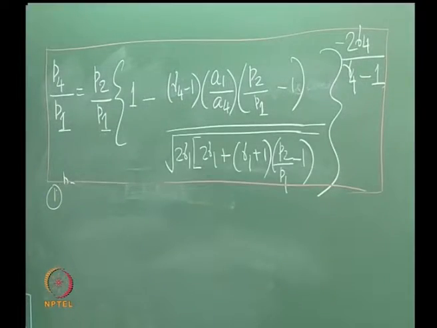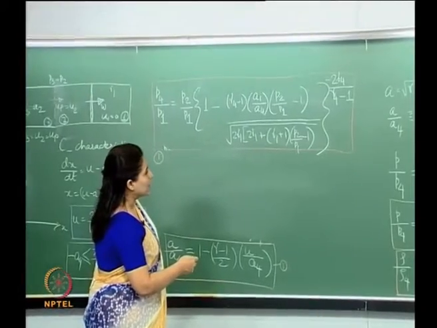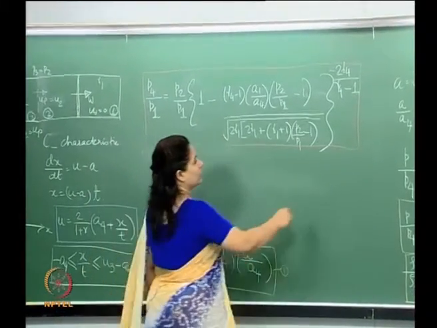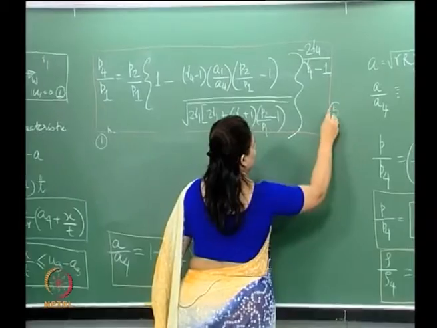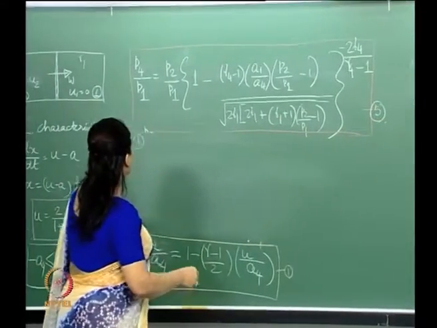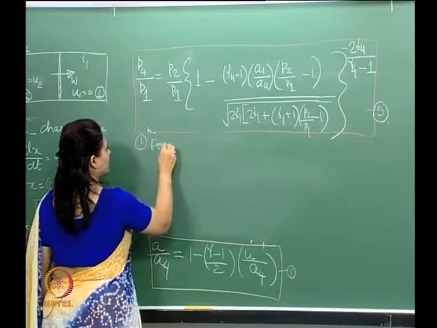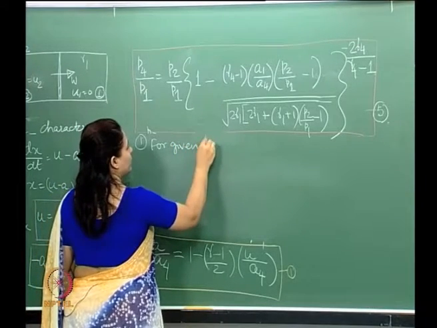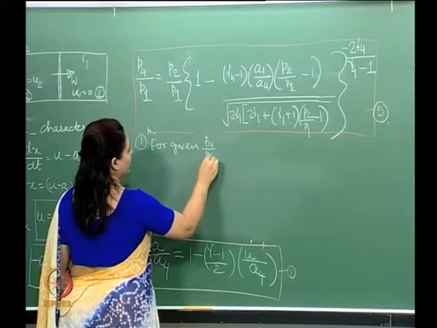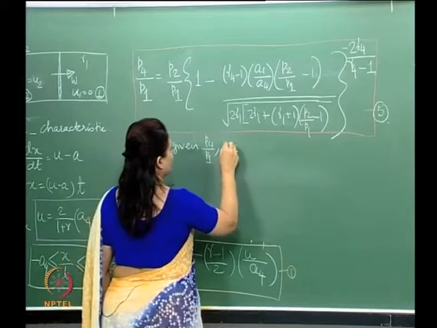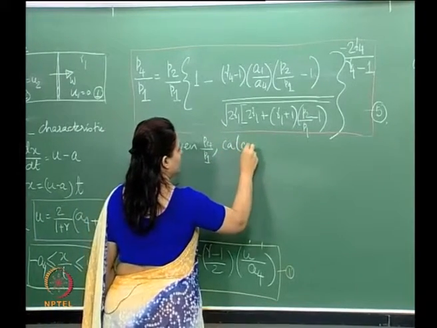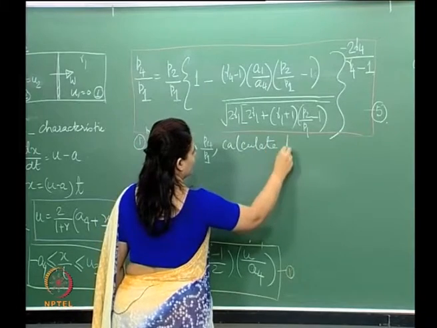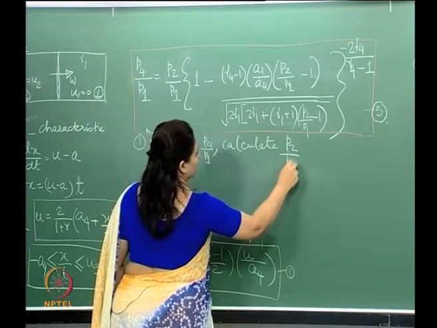For a given diaphragm pressure, let us call this equation 4 and this equation 5. For a given diaphragm pressure ratio, which is P4 by P1, you evaluate or calculate the incident shock strength.